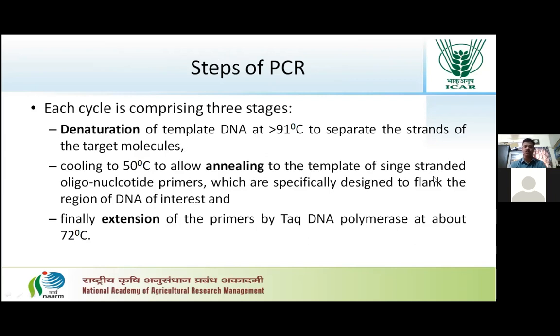First is denaturation, where the DNA is heated to more than 91 degrees Celsius so that the DNA strands get separated. Then the separated DNA strands are cooled for annealing.